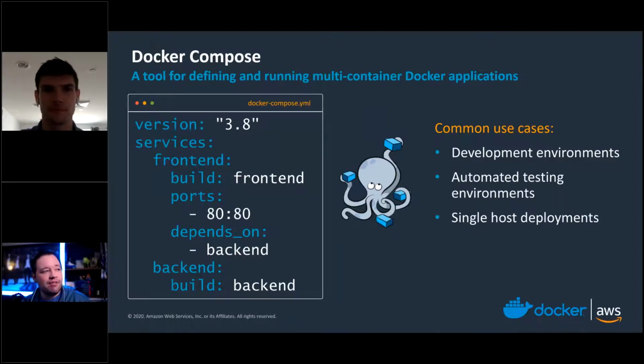I also use it a lot for development environments. So, hey, Jonah and I are working together on this project. I'll just write a Compose file. Then we both can have a defined environment between the two of us that we can share: these containers, these versions, these volumes, these secrets, these networks. And some people use it in production for single host deployment.